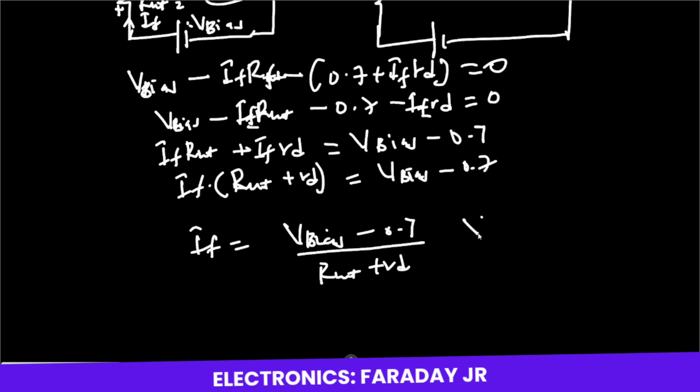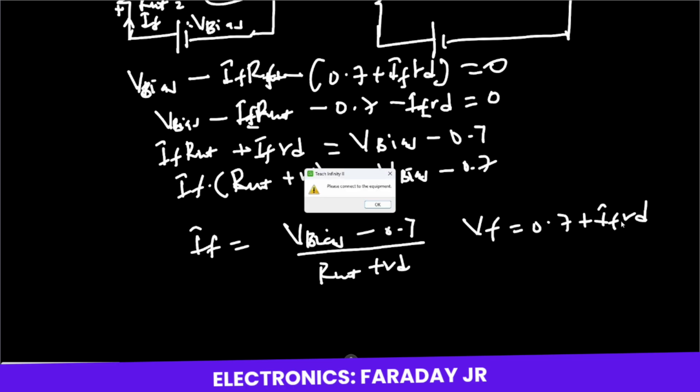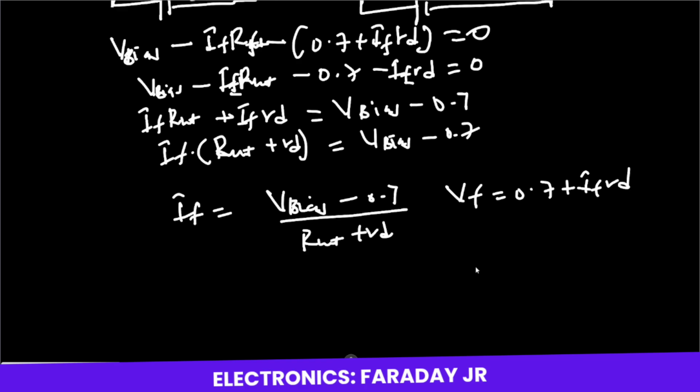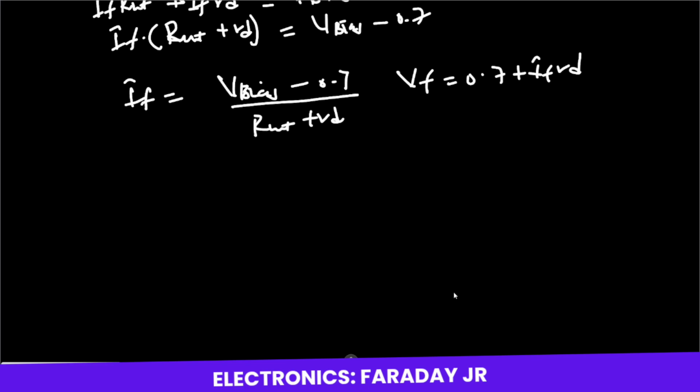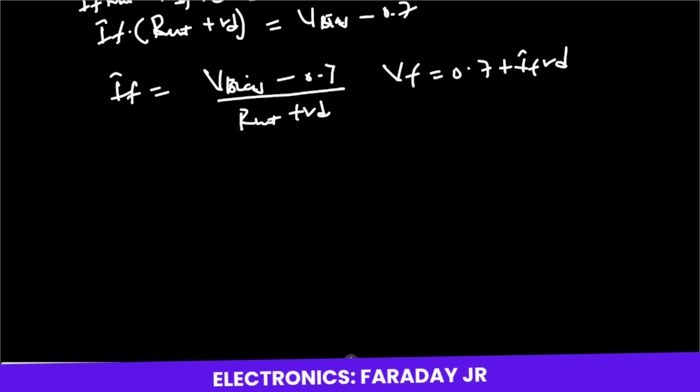Don't forget VF was equal to 0.7 plus IF RD, so when you get IF, you can replace it here and the voltage across the dynamic resistance will be given to you. And finally, we can also look for the voltage across the limiting resistor, which is IF multiplied by R limit.